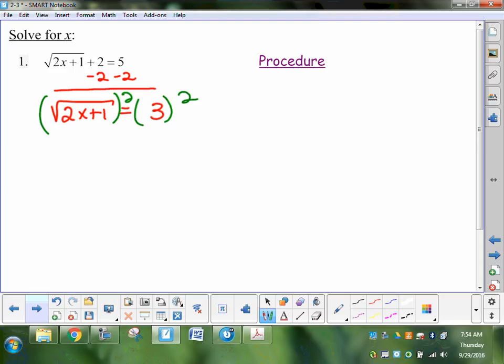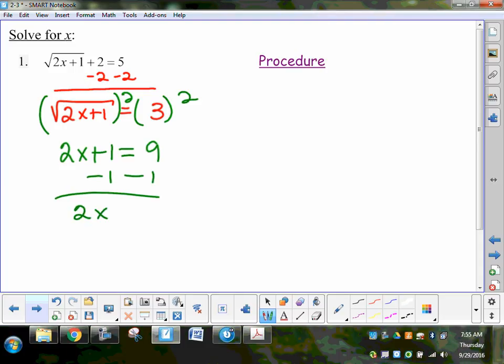Emma K? And what would you have on the right-hand side? So from here now, the next thing I would do is solve for x. From what I understand, this is all you did in geometry. You subtract the 1, so we've got 2x is equal to 8. Divide by 2, x is going to be equal to 4.